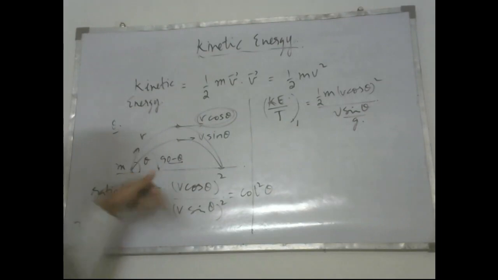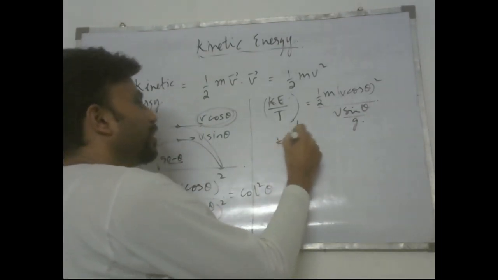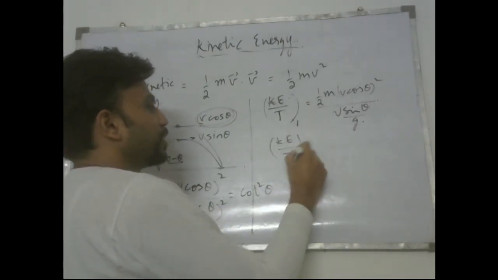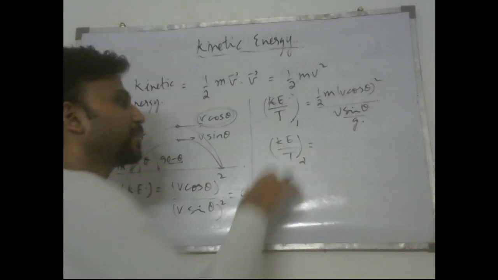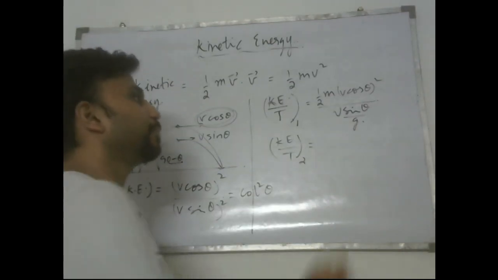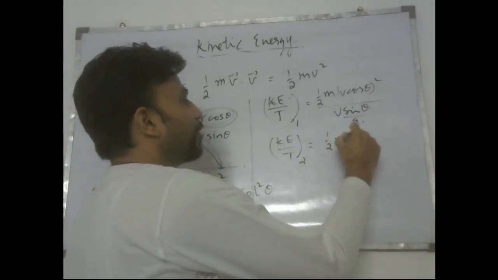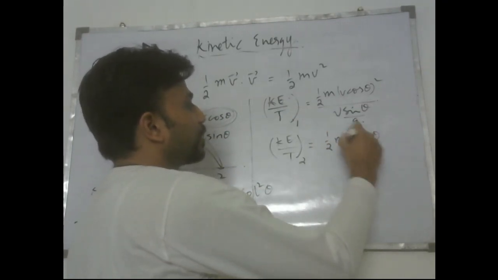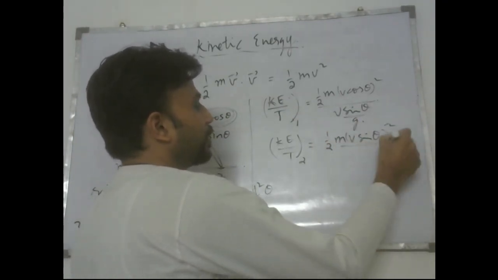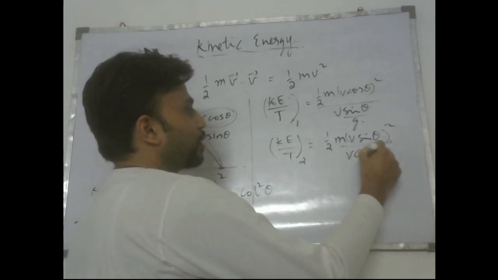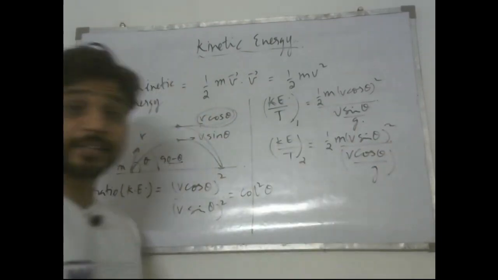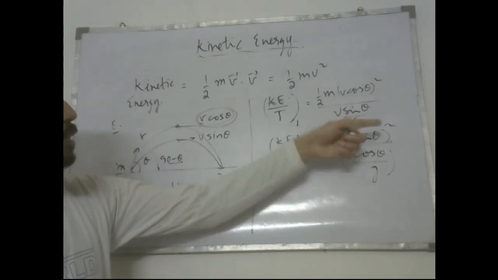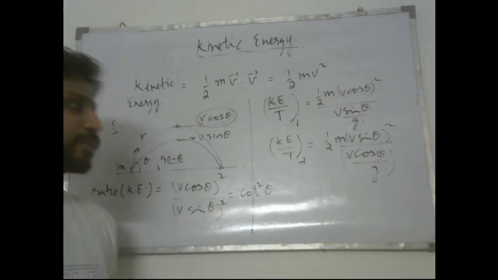Now since the other particle is simply at a complementary angle, the average rate of change of kinetic energy for the particle between the initial point and the highest point is the ratio of kinetic energy to the time interval. So this would be half m (v sine theta) whole square divided by v cos theta by g. Simply the angle theta is replaced by 90 minus theta, so sine theta becomes cos theta.